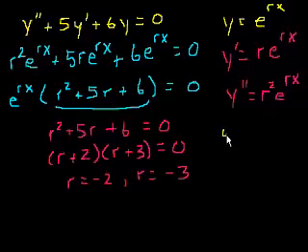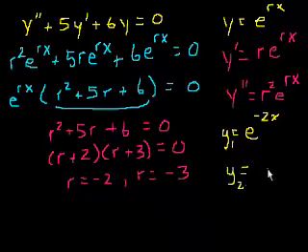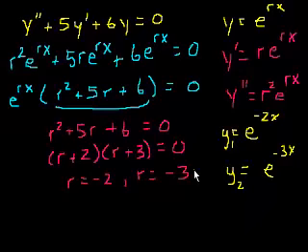Well, the first one is y is equal to e to the minus 2x, right? R is minus 2. And then we could call that y1. And then the second solution we found, y2, is e to the minus 3x, since r is minus 3. Now my question to you is, is this the most general solution?